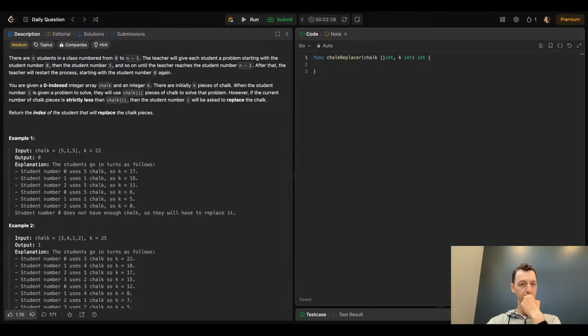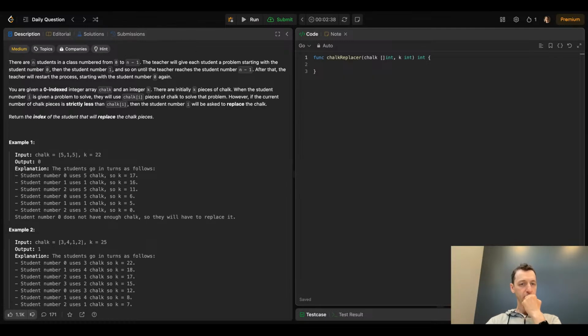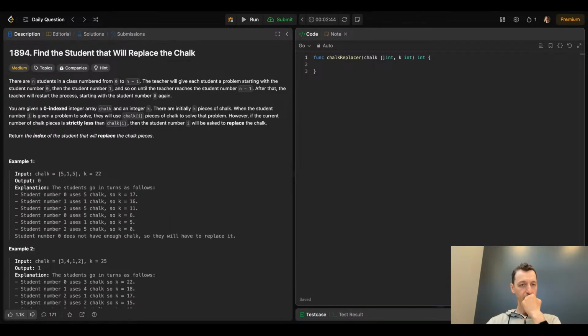Let's look at the example. Chalk is 5, 1, 5, and k is 22. The students go in turn as follows. Student 0 uses 5, so it's 17. Student 1 uses 1, so 16. Student 2 uses 5, so 11. Then 11 minus 5 is 6, minus 1 is 5, and student 2 uses 5, so chalk is 0.